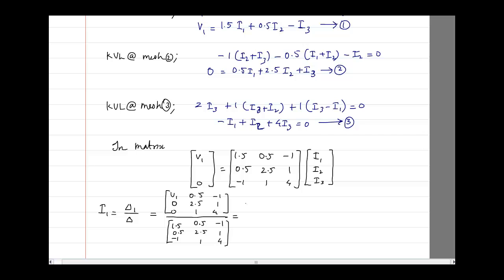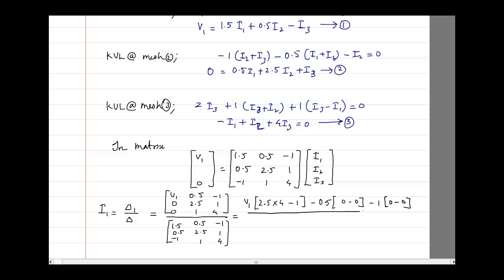Now it is going to be V1 multiplied by 2.5 into 4 minus 1. Then it is going to be minus 0.5 into 0 minus 0. Same way, minus 1 into 0 minus 0.